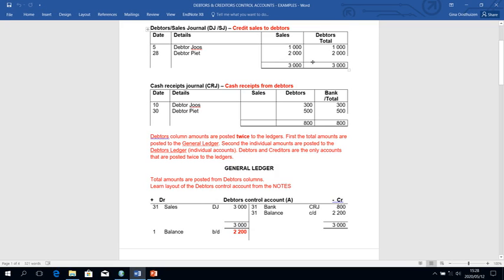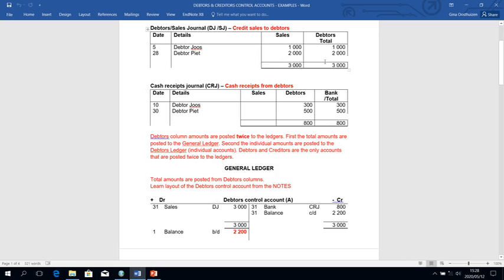We will look at the debtors column that needs to be posted. This total here needs to be posted. When we look at the debtors control account, we interpret that they owe us more with a plus, and they owe us less with a minus. So I'm going to post this 3,000 from the debtors column of the debtors journal.